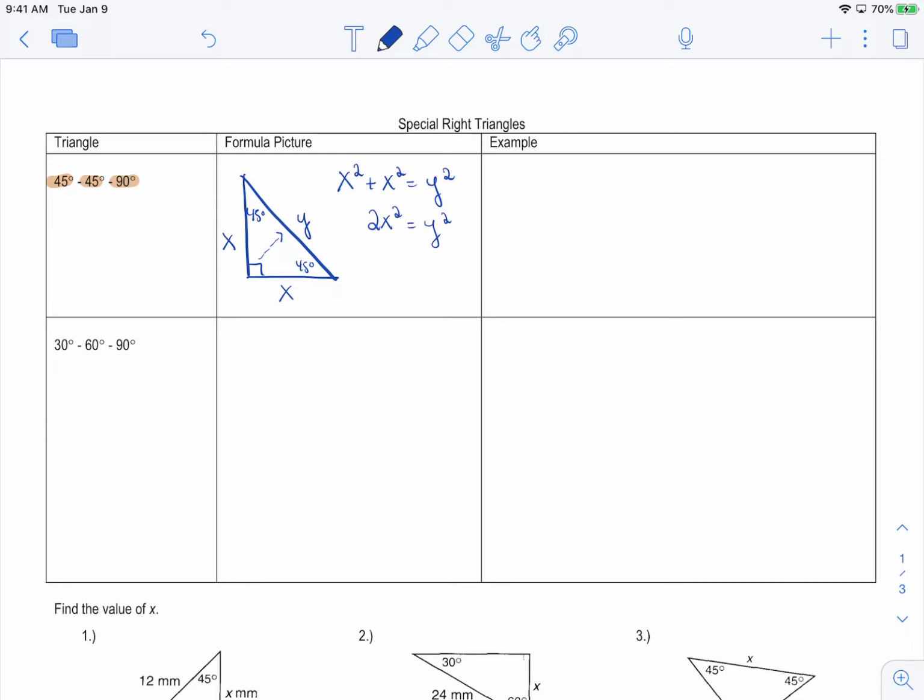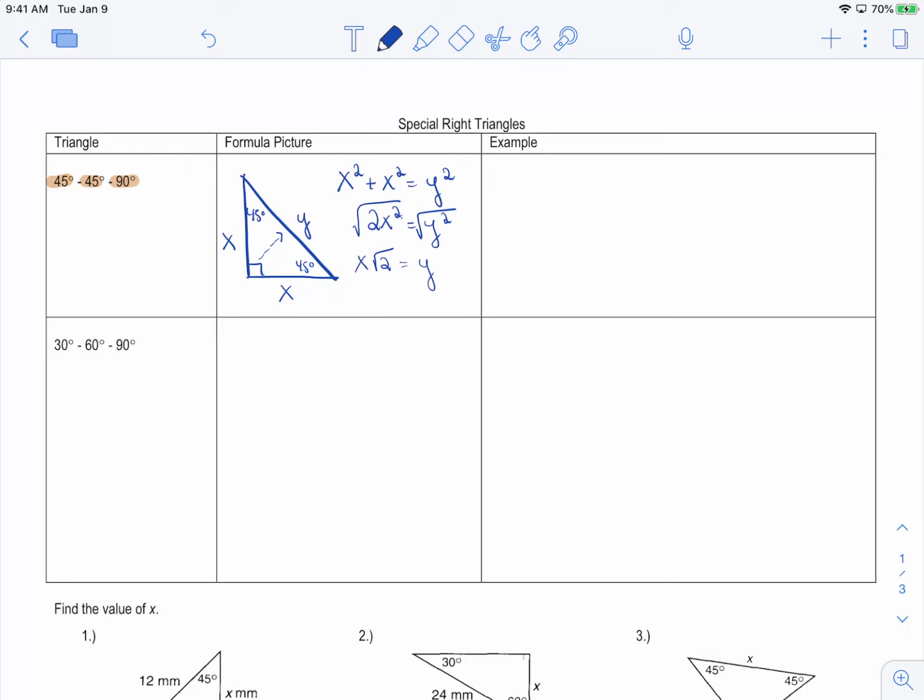And if I want to get that y alone, I would go ahead and take the square root. Well, what happens there, some good old algebra coming back, is I can't take the square root of 2. I'm a little bit stuck. But the square root of x squared is x.